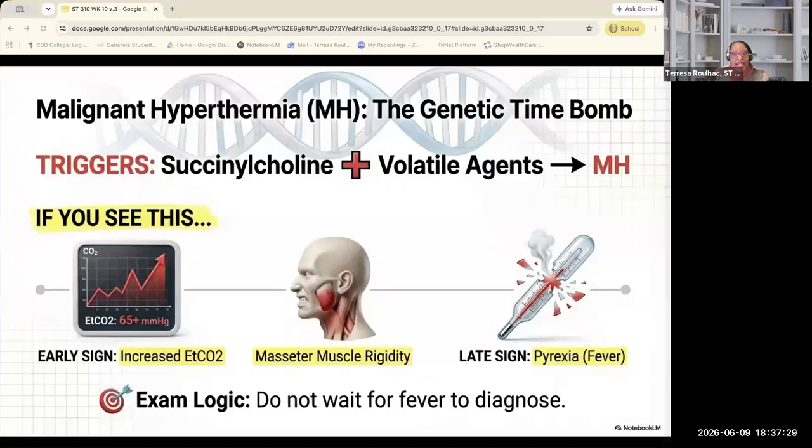The earliest sign is usually a rapid rise in end-tidal CO2. So their CO2 starts to get higher. You may also see muscle rigidity, especially jaw rigidity. So if you see a question describing rising CO2 levels and muscle rigidity after anesthesia induction, I want you to start thinking malignant hypothermia.